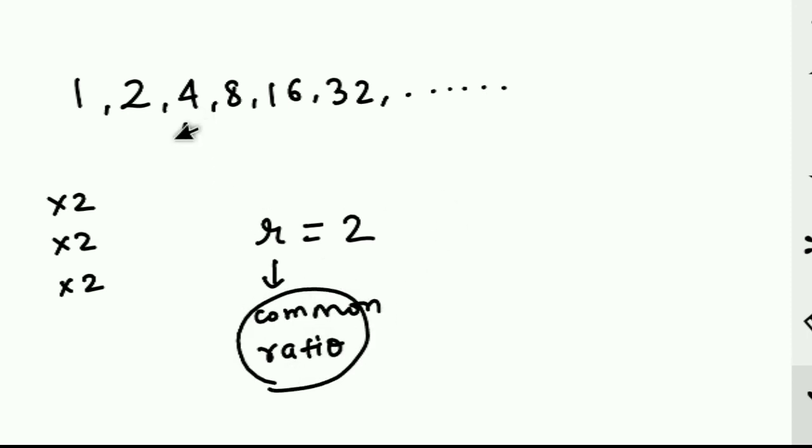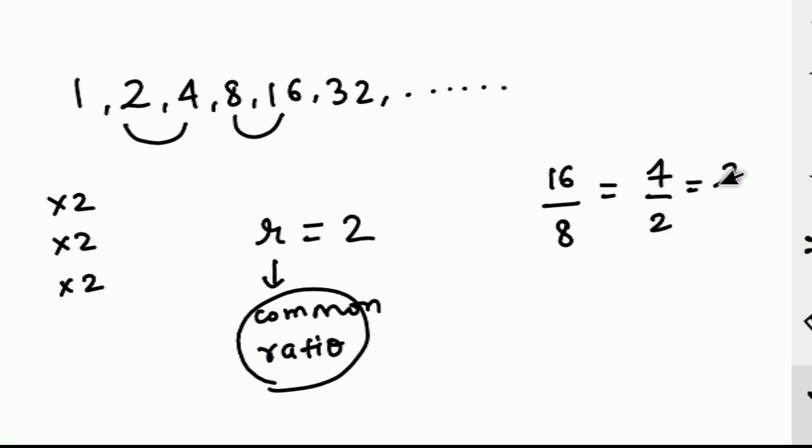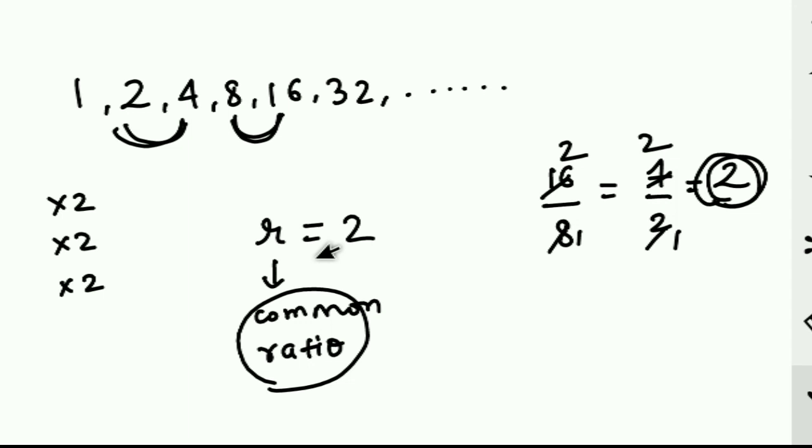If we take two consecutive terms, for example 16 divided by 8, and 4 divided by 2, we will get the same ratio, that is 2. How? 8 twos are 16, and 2 twos are 4. So we are getting the same common ratio for all the consecutive terms. So our common ratio is equal to 2.